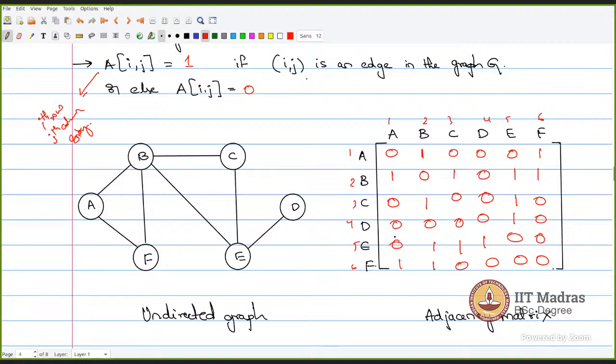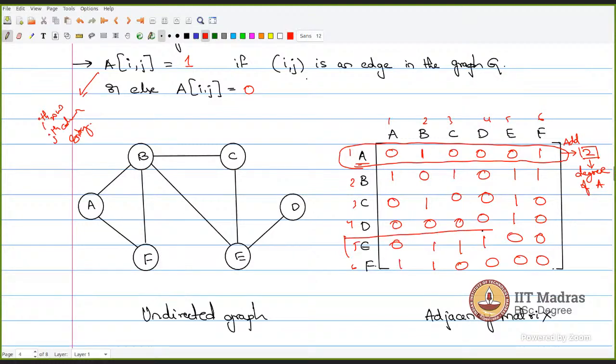And one more thing, if it is an undirected graph, you can look at either the row or the column. See this row, and sum up all the values in it. If you add 0 plus 1 plus 0 plus 0 plus 0 plus 1, you are going to get 2, and this 2 corresponds to the degree of vertex A. Similarly, you can see any row.